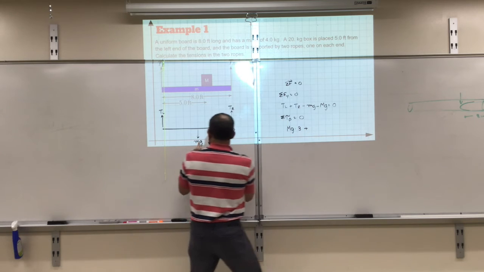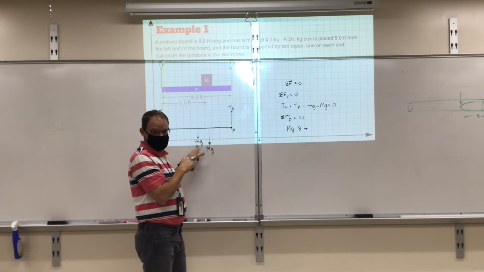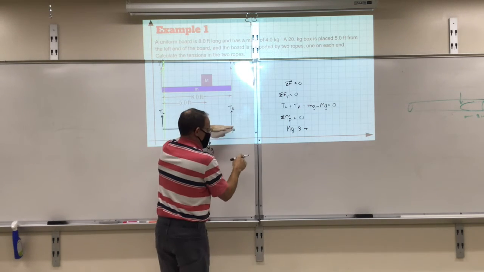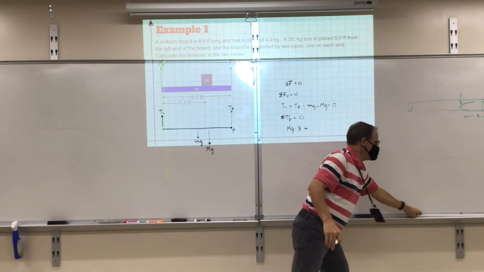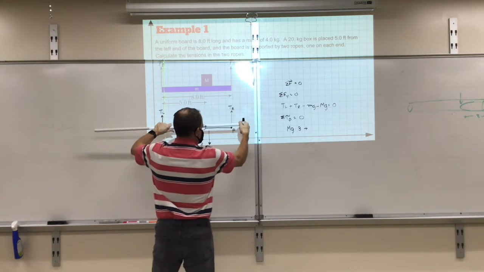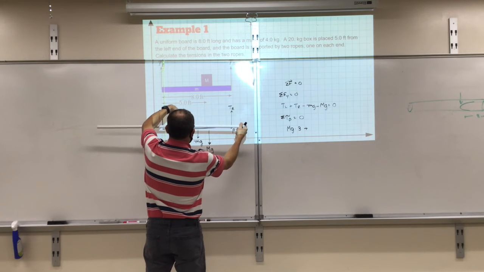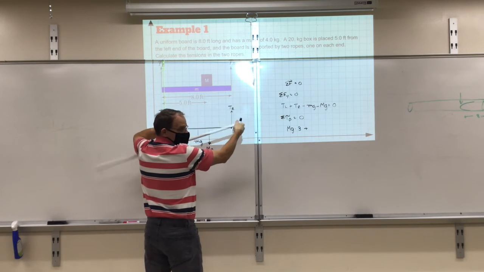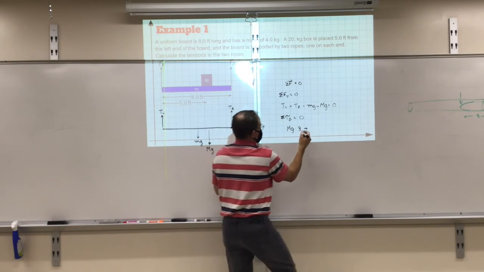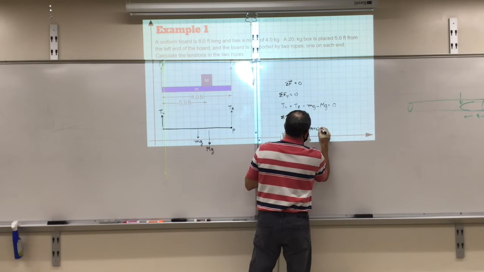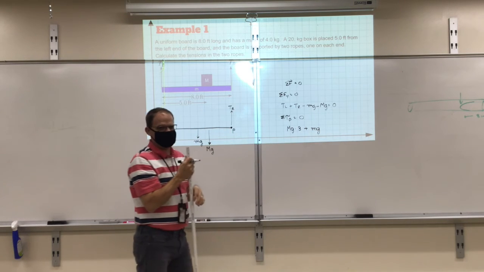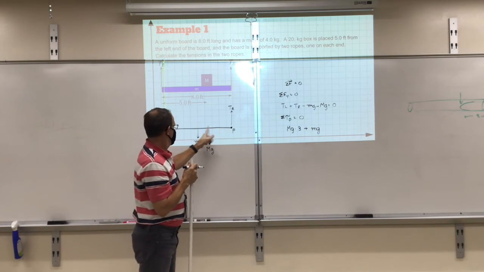Plus, little mg is also a positive torque. It tends to rotate this board, right? You imagine this board, and we're thinking about this is the pivot. The weight of the board itself tends to rotate in the positive direction. So it's plus little mg, and how far does that act from the pivot? How do you know that?